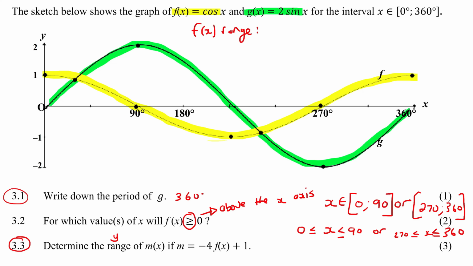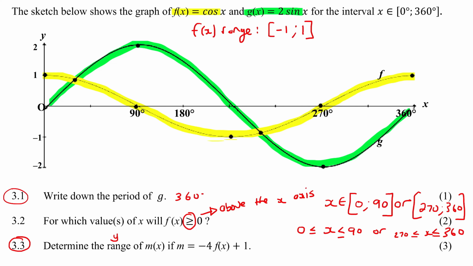So what is the smallest y value you can see? Well, I can see it all the way over there at -1. Okay, so I'm going to say from -1. And then what is the highest y value you can see? Well, it's this dot or this dot. And I can see that that has a value of 1. And so that is the range of f of x.